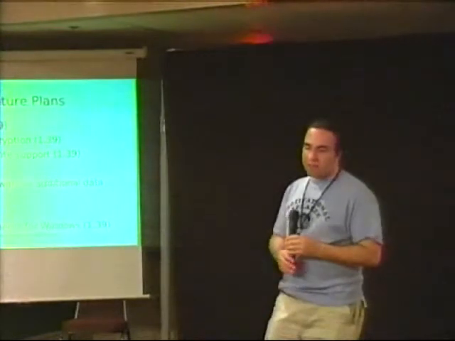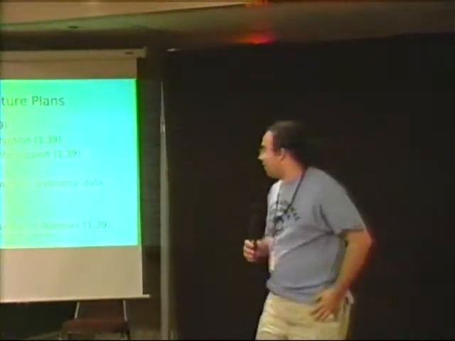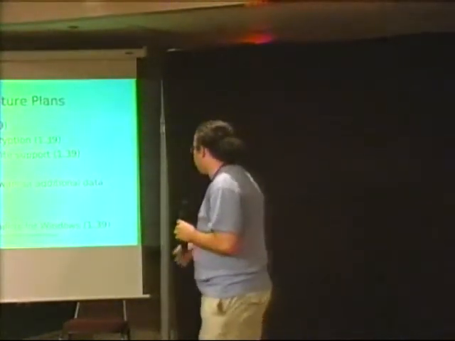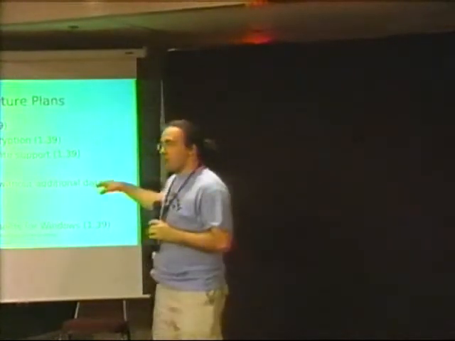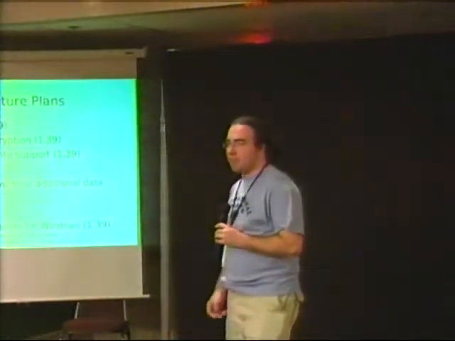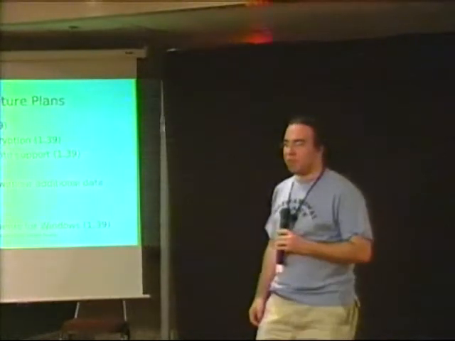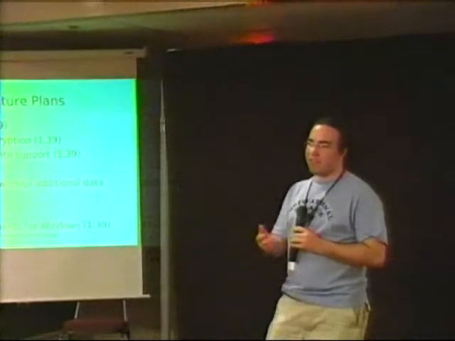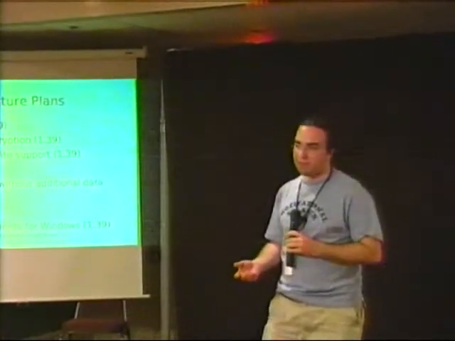The incrementals without additional data. This is something that I actually didn't talk about, but when Bacula makes incrementals, it takes the strategy of restoring more than necessary rather than having any chance of not restoring something. So when you make a full backup and then you make an incremental based on that full, if you have deleted a file and then you go and restore from the incremental, it will actually restore the file from the full because it does not track deletions and moves.